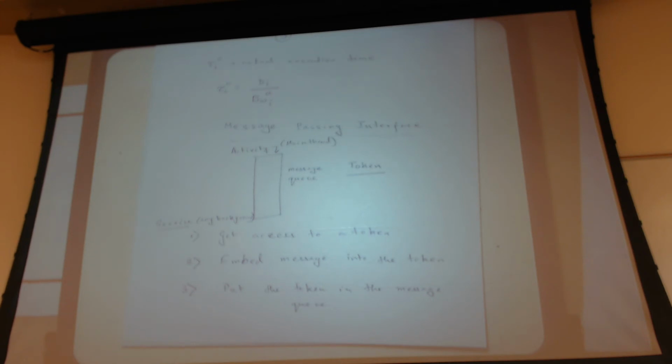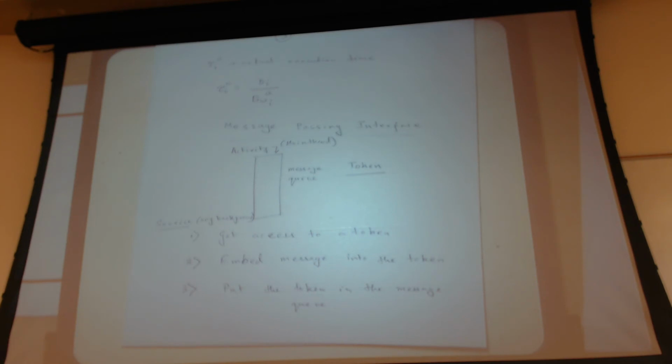The main thread maintains this message queue, and this token can be accessed by either the main thread or the service thread. The service thread gets access to the token, embeds the message into this token, puts this token in the message queue, and frees that token, so that another background thread can get access to the same token, give it a new message and put it in the queue.